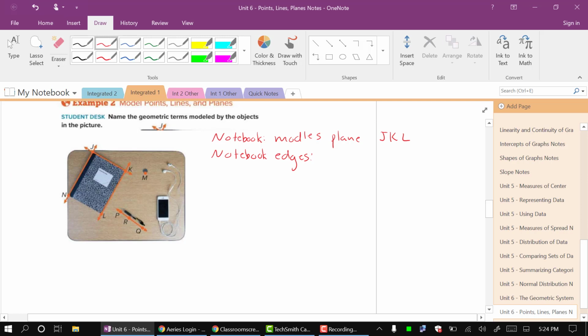You notice they make a line. So these are lines. Examples of these would be line JK and line KL.